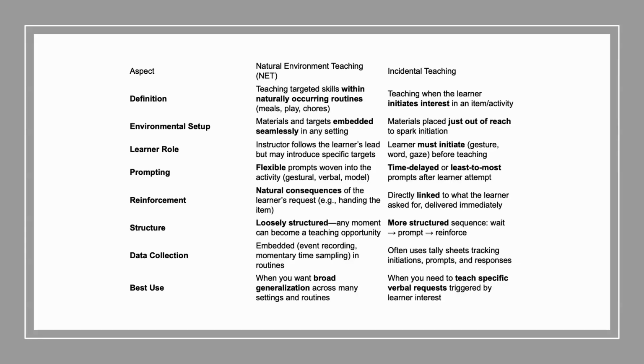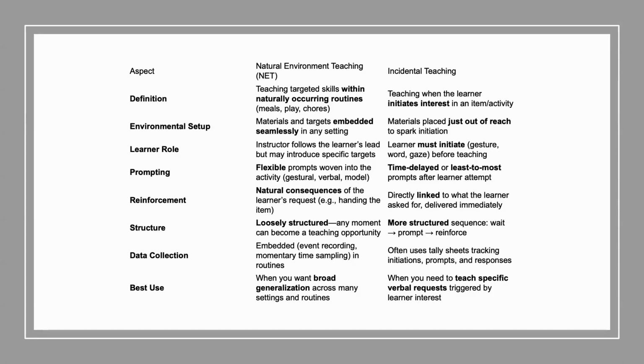In NET, the learner's role is to focus on the learner's lead, but maybe introduce specific targets. And then with incidental, the learner is engaging with everything. It's always learner led. Prompting with NET is flexible prompts woven into the activity. And then with incidental, we're doing that least to most prompts after a learner attempt. Reinforcement with NET is natural consequences. Incidental is similar, but more directly linked to what they asked for.